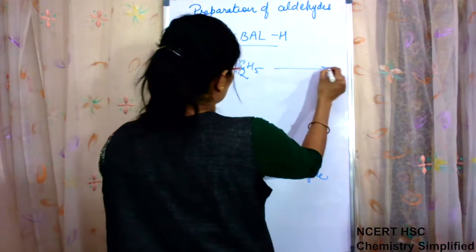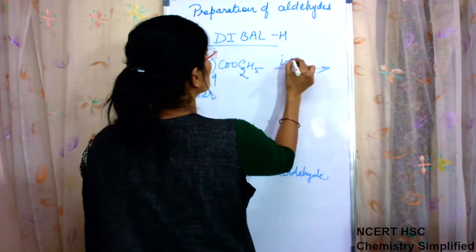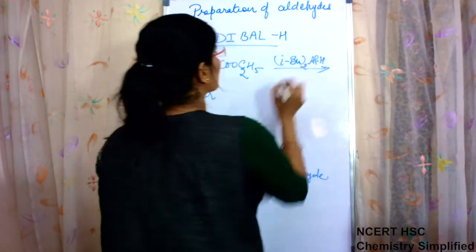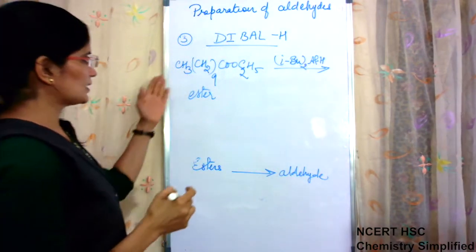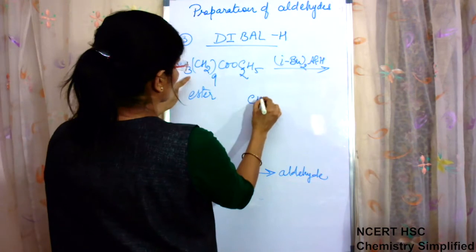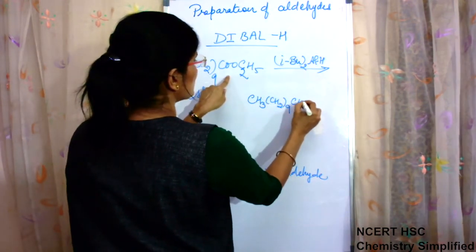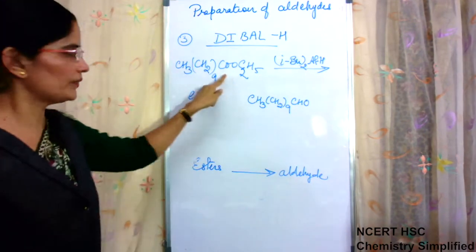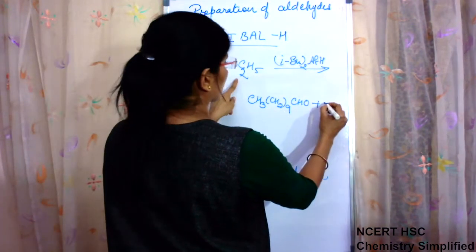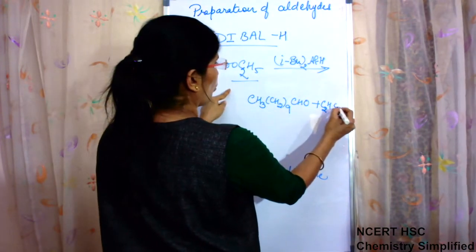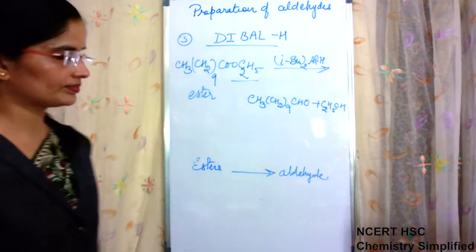When treated with DIBAL-H, aluminium hydride, it is converted into aldehyde CH3, CH2 whole 9, CHO, plus C2H5 OH, alcohol.